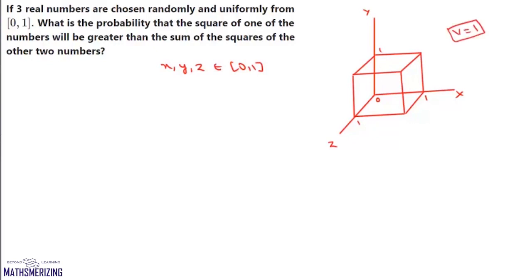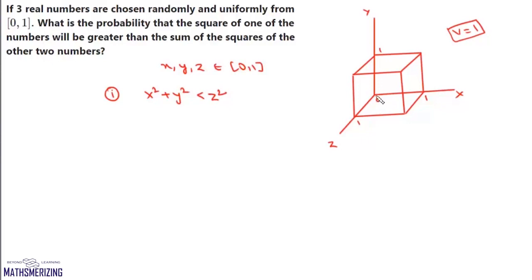Now it says, what is the probability that the square of one of the numbers will be greater than the sum of the squares of the other two numbers? So suppose we have this first case when, say, x square plus y square is less than z square. Now we look at different possibilities by taking different values of z.